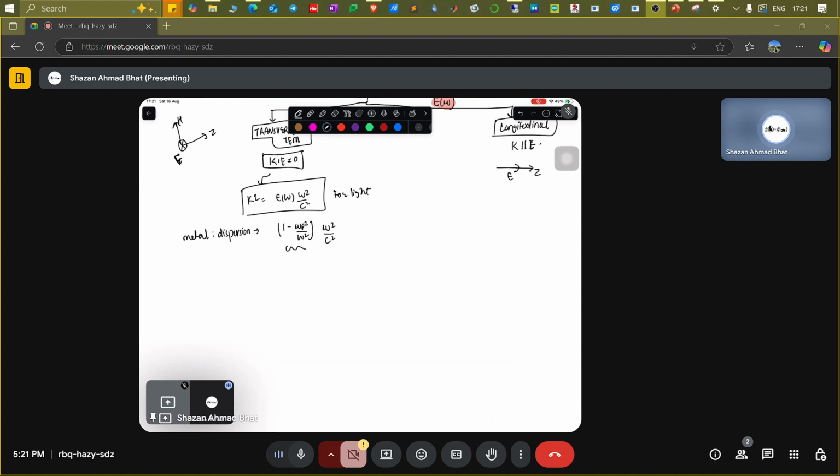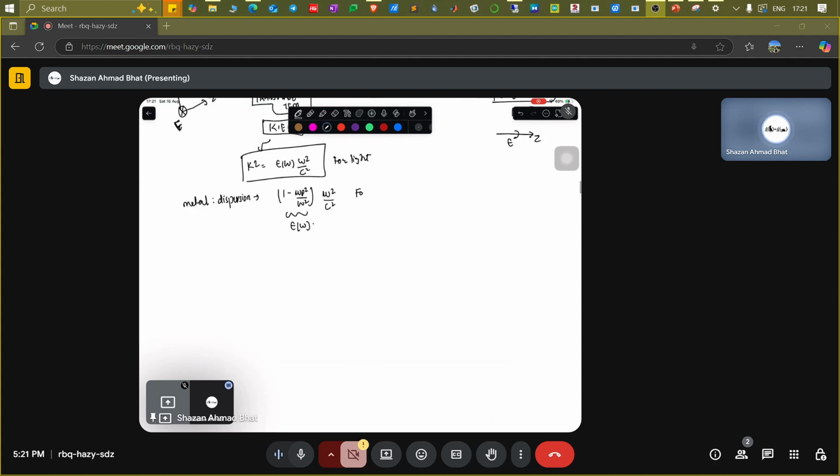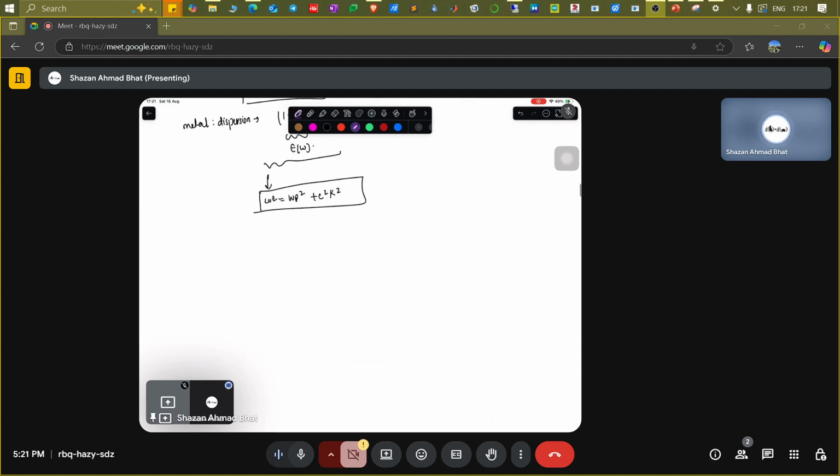When you use both of these, what you get is that omega square is equivalent to omega p square plus c square k square, where omega p is the plasma frequency of the metal.